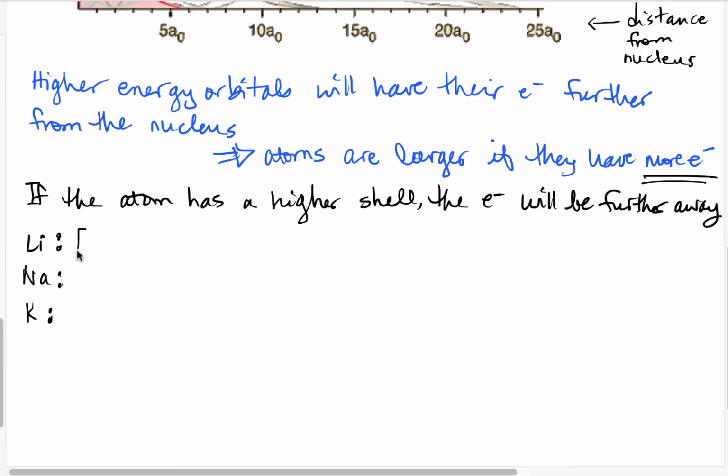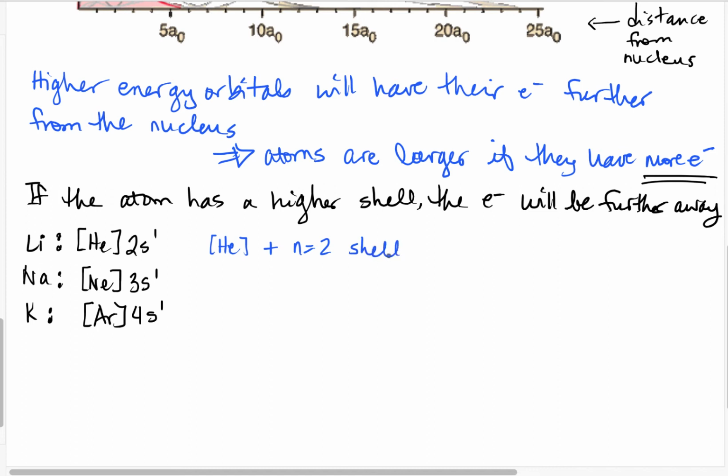So remember that lithium has a helium core and then its valence electron is 2s1. Sodium has a neon core and its valence electron is 3s1. And potassium has an argon core and its valence electron is 4s1. So that's what I mean about adding a higher shell. When we look at lithium, this is like helium plus the n equals 2 shell.